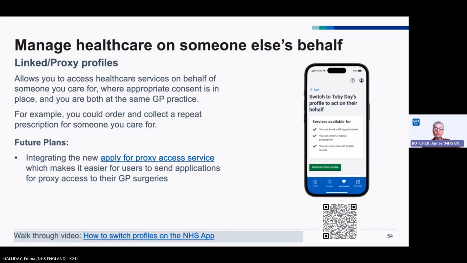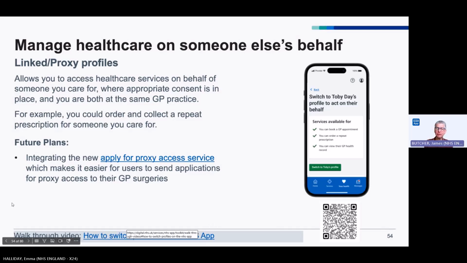Access will allow someone else to support their health services, such as ordering repeat prescriptions or booking appointments, for example. If a patient does have access, they can switch accounts via the NHS app. So at the present time, you can have access as long as it's at the same practice.